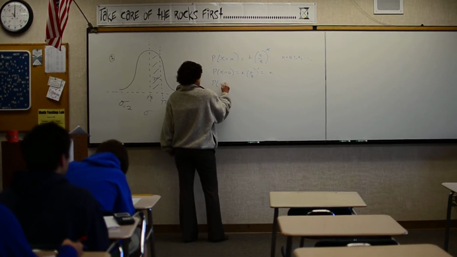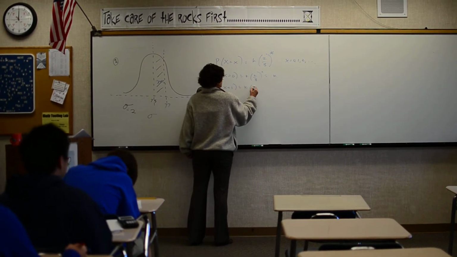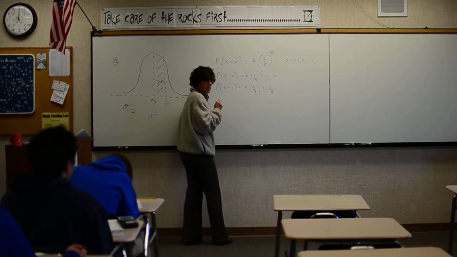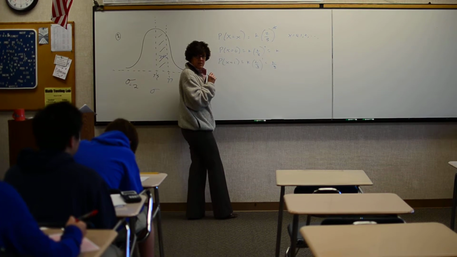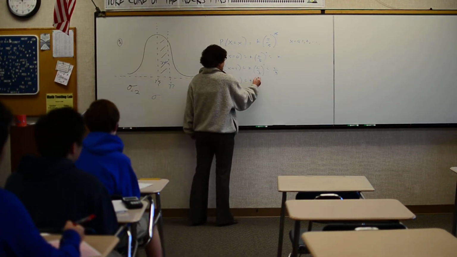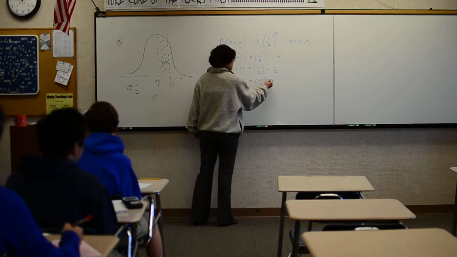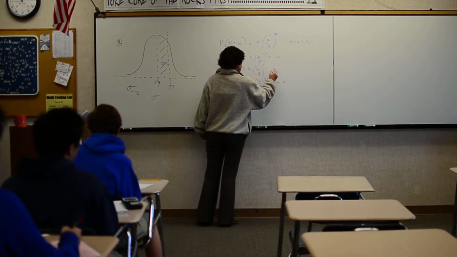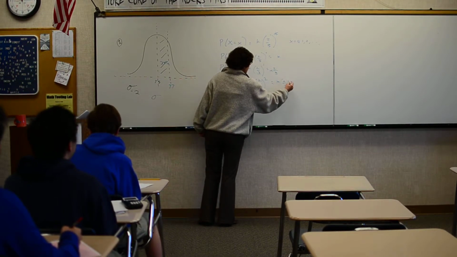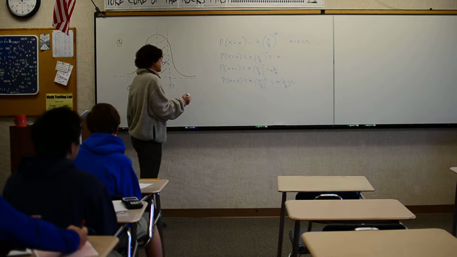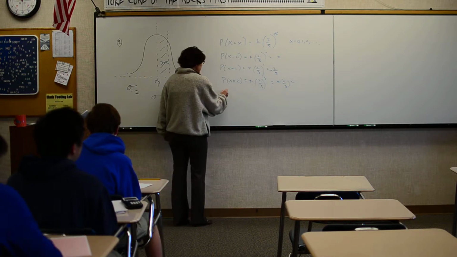The probability that X is 1 is k times 2/3 to the 1, which is 2/3 k. The probability that X is 2 is k times 2/3 squared. Are we understanding this? Do we get that? Yes.